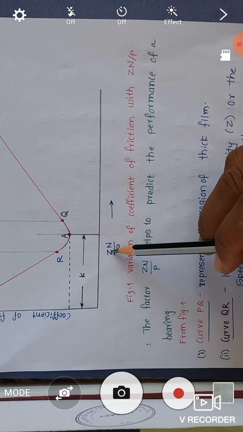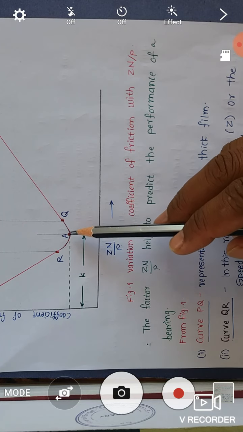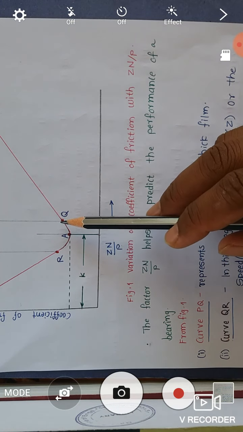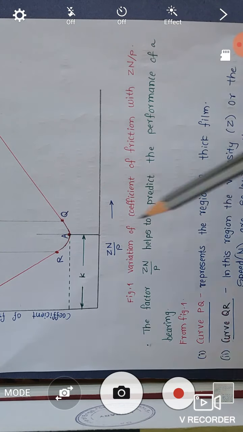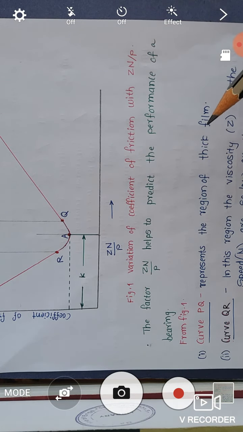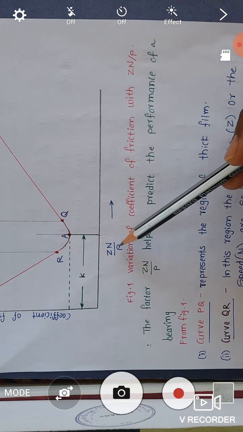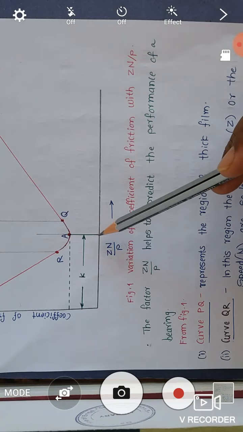If we see this relation, ZN upon P, this is the low coefficient of friction region, and if we want this value low, then the speed must be low or the pressure must be high, and only then do we get the lower values.